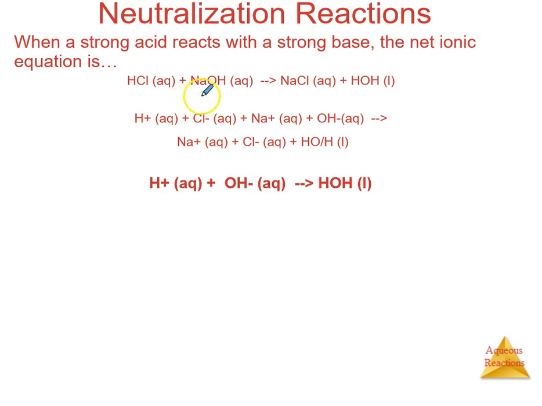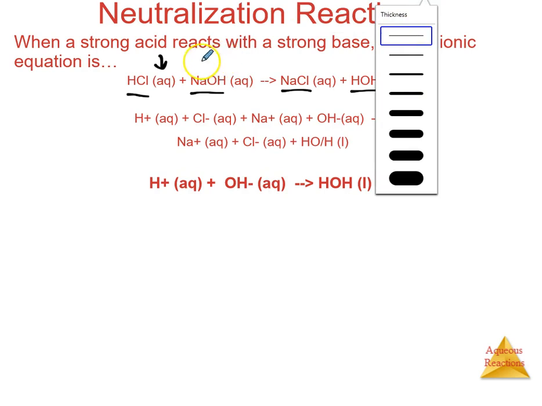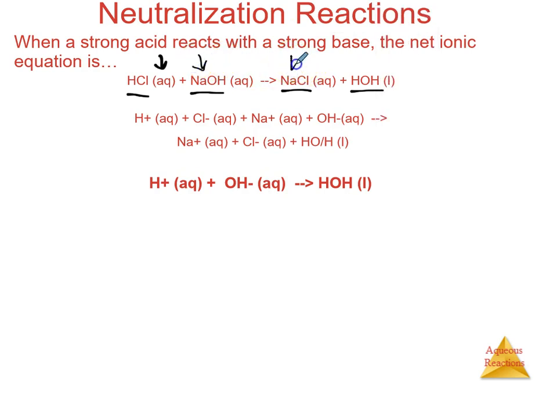When a strong acid reacts with a strong base, the net ionic equation is as follows. A strong acid and strong base make the salt and water. Notice this is aqueous, that's aqueous, and this is liquid.